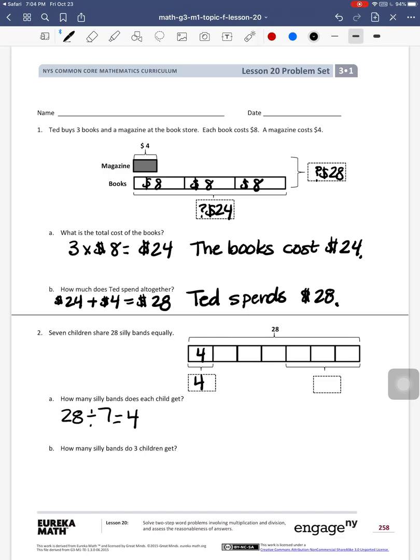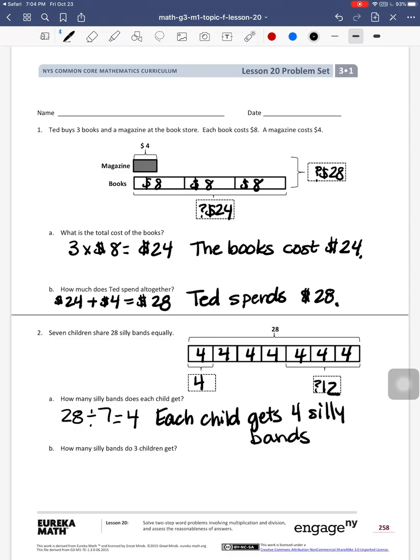So each one of these stands for 4. This is 4. These are each 4. 4, 4, 4, 4. So each child gets 4 silly bands. Now they have it grouped for 3 4s, right? So 4, 8, 12. 3 4s equals 12.